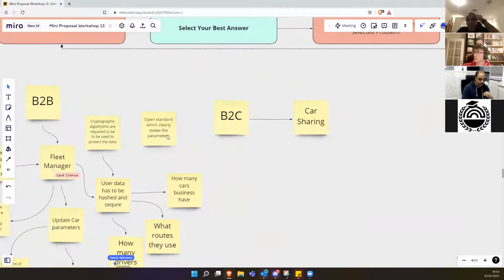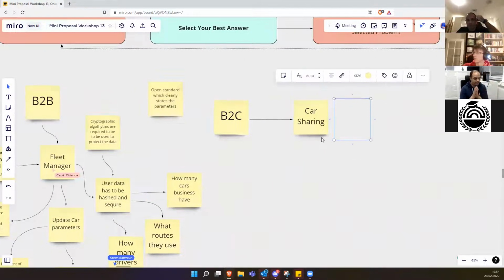The client data are not stored on the servers of the company, but on the blockchain. So here there is privacy. We cannot track the customer, what he does and where he is driving.